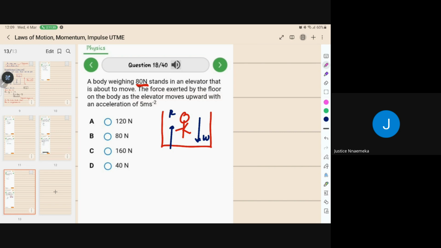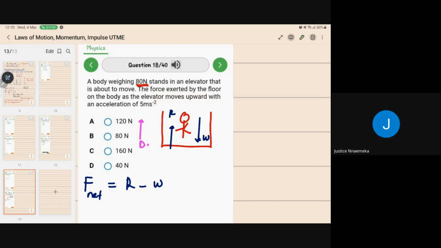Up or down? Upwards. So this is your direction. What does that imply? It means that my F net is equal to R minus W, since it's moving upward. Is that not so?